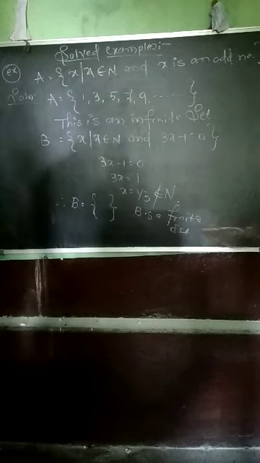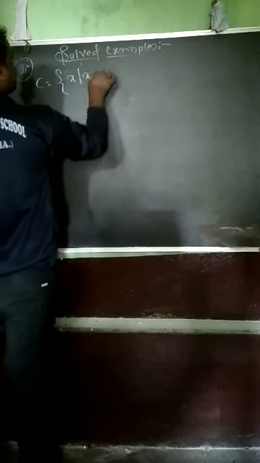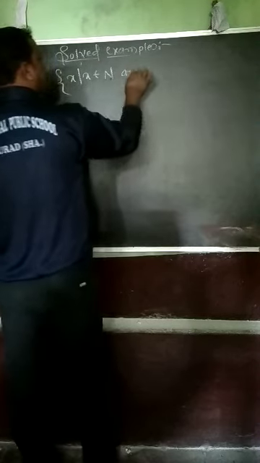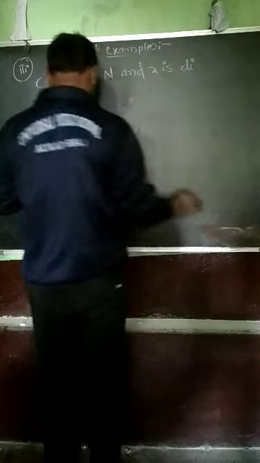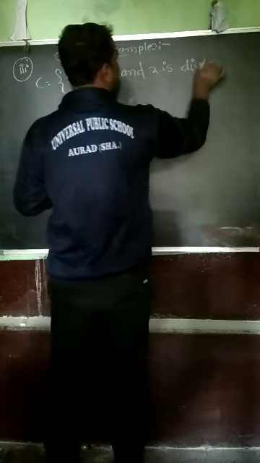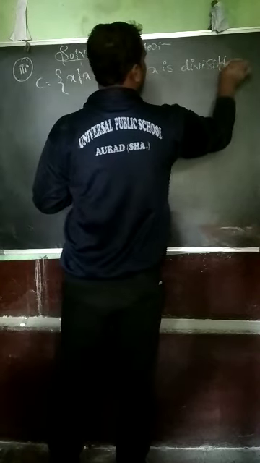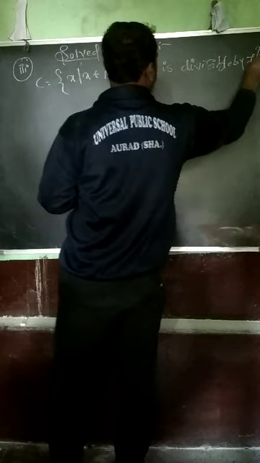Next, see here, the third question. They have given x such that x belongs to n and x is divisible by 7, right?